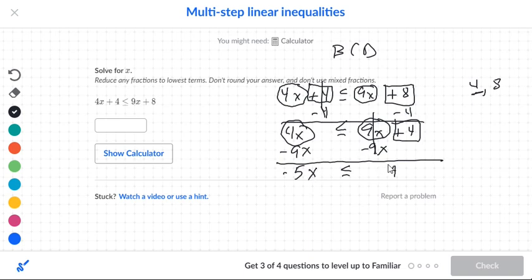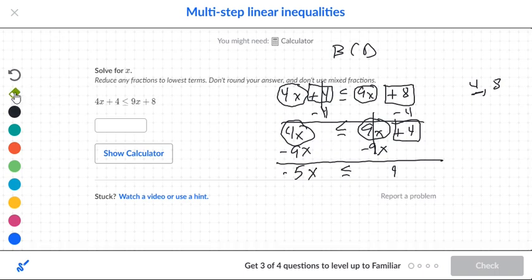And remember, this is a 4, so let me write this better so it doesn't come off as a 9. So let's make sure that this is a 4. So now we're going to divide both sides by a negative 5. So I cross this out, this is x.